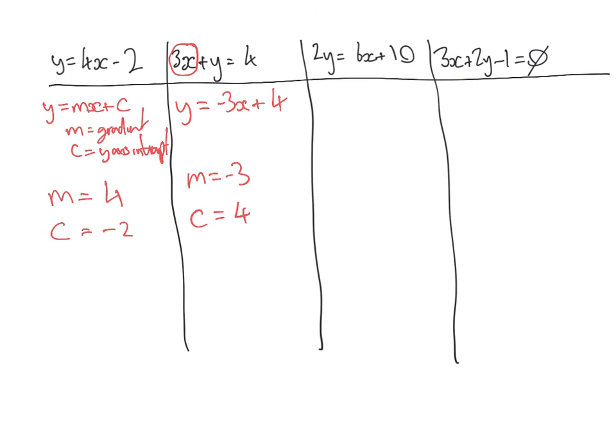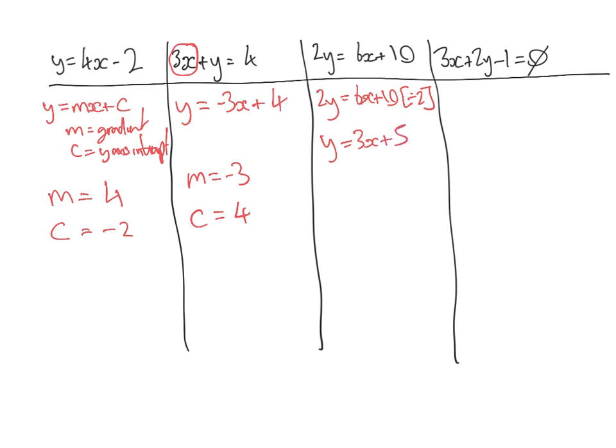So we need to change 2y into 1y for this to work. To do that, we divide by its coefficient, which is 2. Because it's an equation and we need to balance it, we divide everything by 2. So this becomes y equals 3x plus 5.